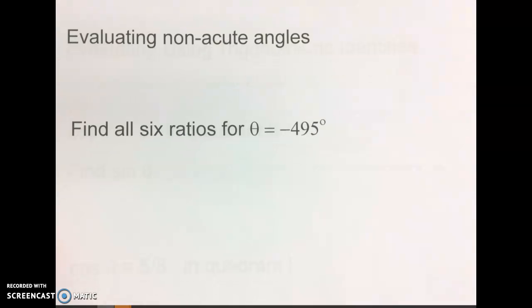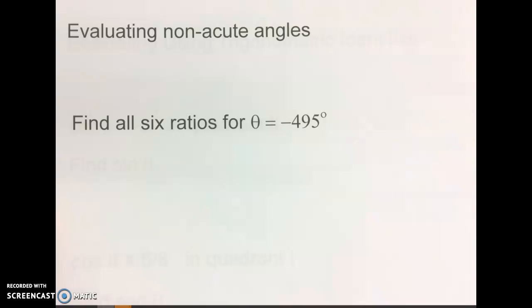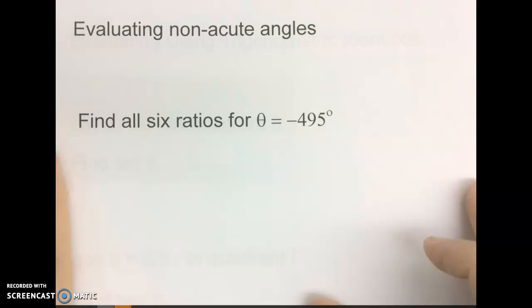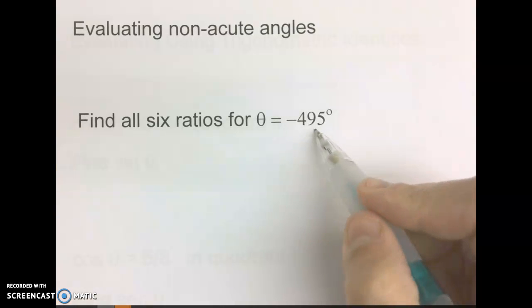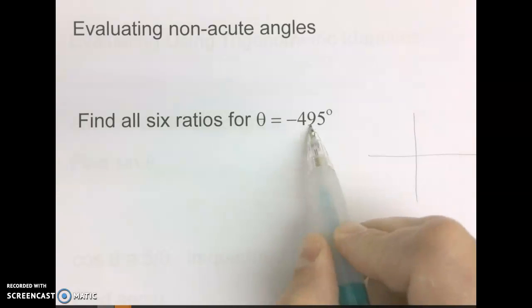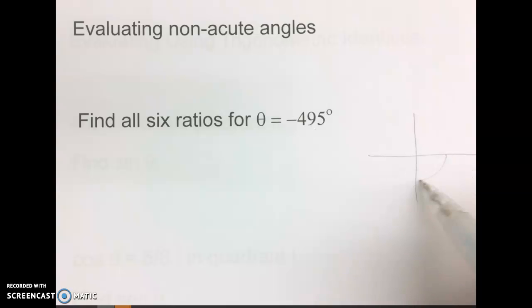Okay, evaluating non-acute angles. So here we have negative 495 degrees. Now, I could try to go around the circle. I know it's more than 360, so I would go negative 360 and then some more. So 495 minus 360, so I would go another negative 135 degrees.